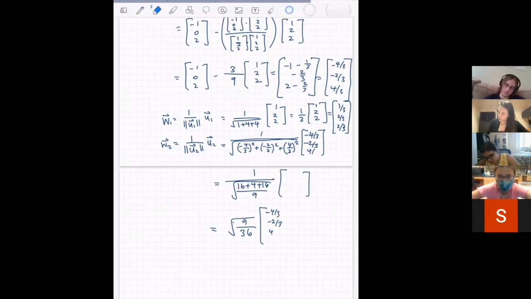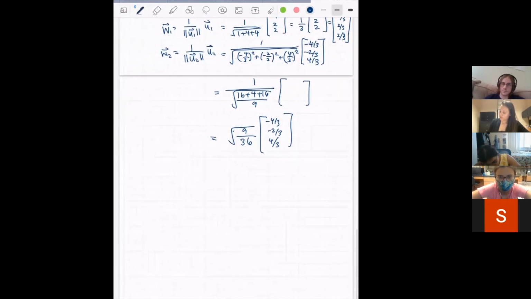Oh, that should be a 3. Anyways, and then you can work out what this would be. So if you simplify, I guess this would be, maybe let's do this off to the side. So this is root 9 over root 36, which is 3 over 6, which is 1/2.